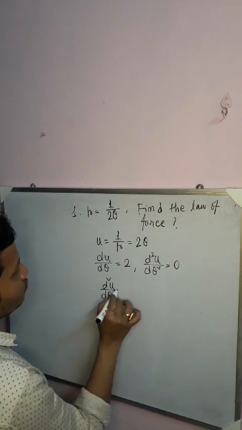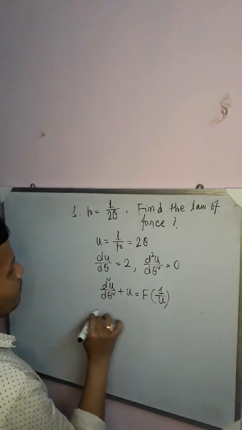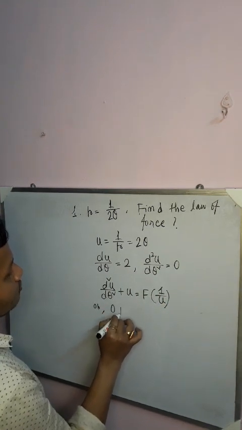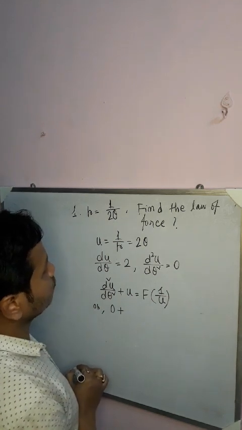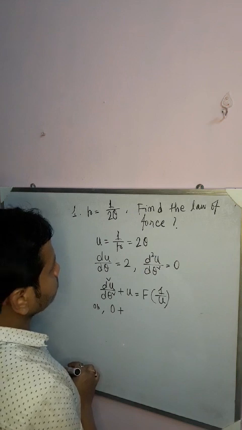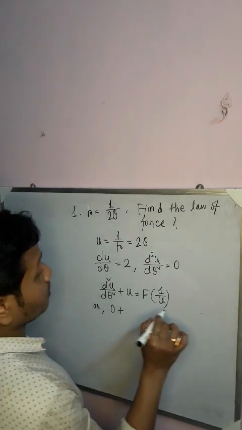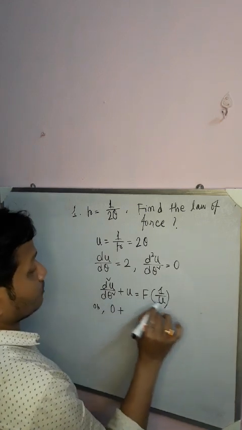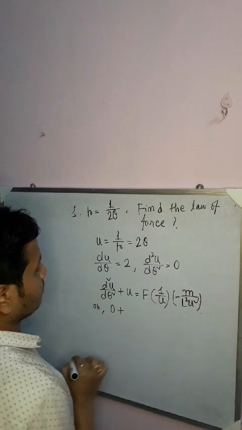Now what would be the equation of motion? d2u d theta 2 plus u equals, oh sorry, there will be a minus m by L square u square f of 1 by u. So d2u d theta 2 is 0.